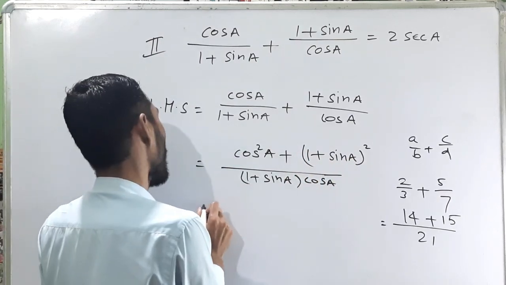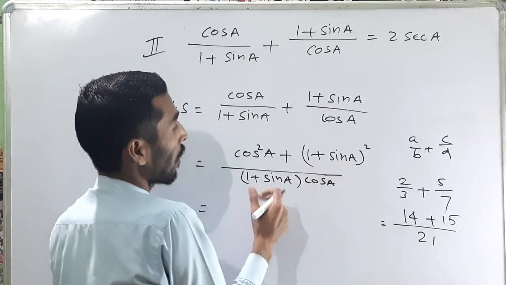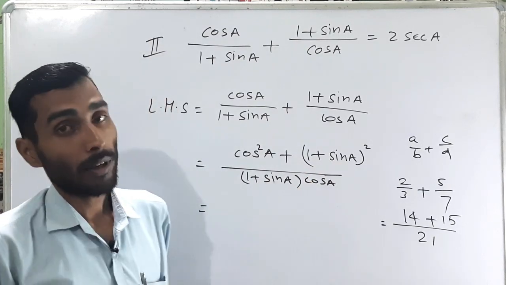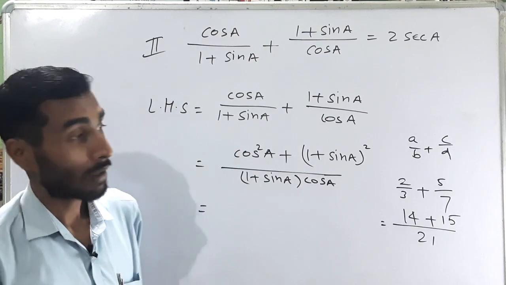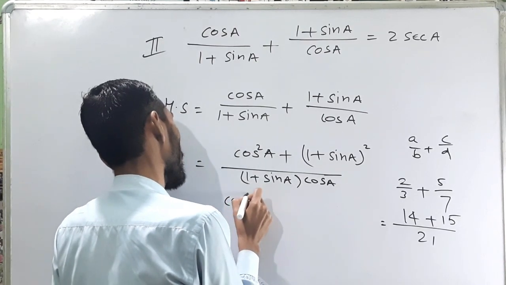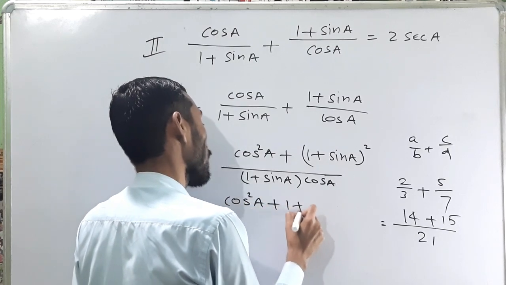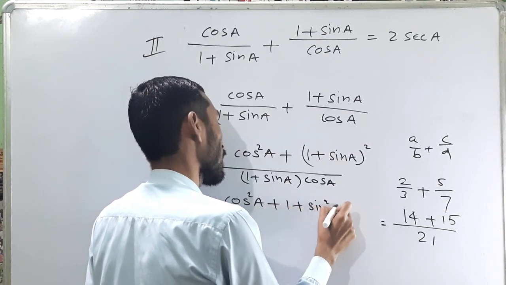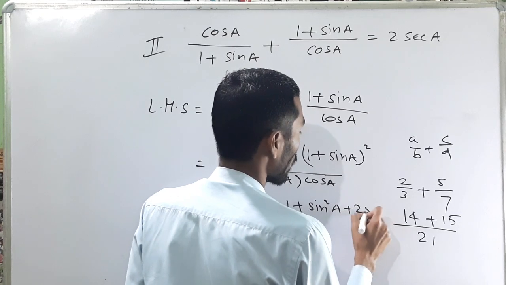And now we'll expand this on the basis of a plus b to the power 2, a square plus b square plus 2ab, right? So we can write cos square A plus 1 plus sin square A plus 2 sin A.